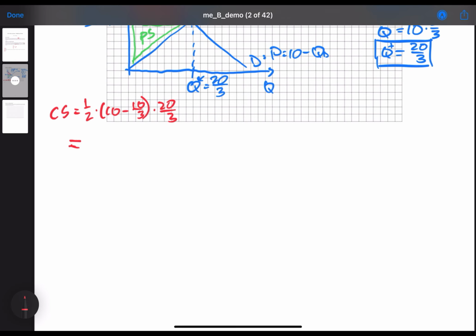I'm going to simplify it one more step. So we have 1/2 times 30 over 3 minus 10 over 3. That gives us 20 over 3 times 20 over 3. We can do a little bit of simplification, which means we just have 200 over 9 is our consumer surplus.